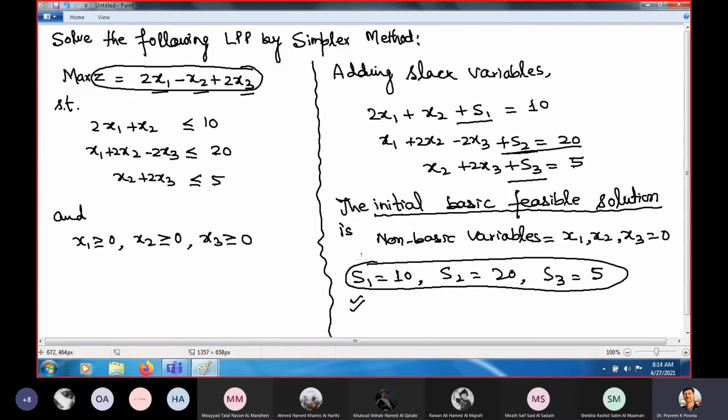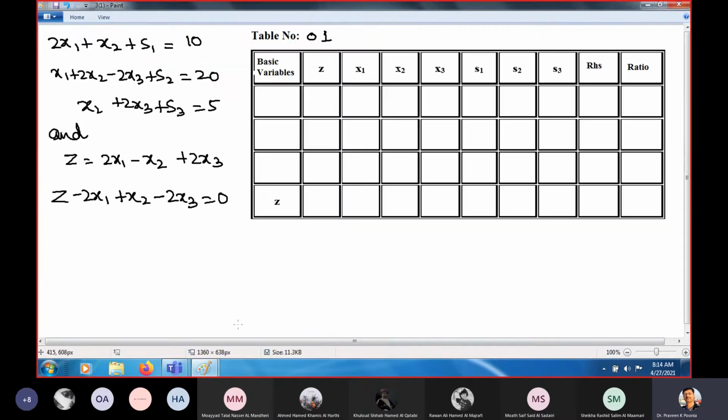So what are the basic variables? S1, S2, S3. The slack variables become the basic variables. Now write the coefficients from equation 1. Is Z there? No. 0. X1? Yes. 2.